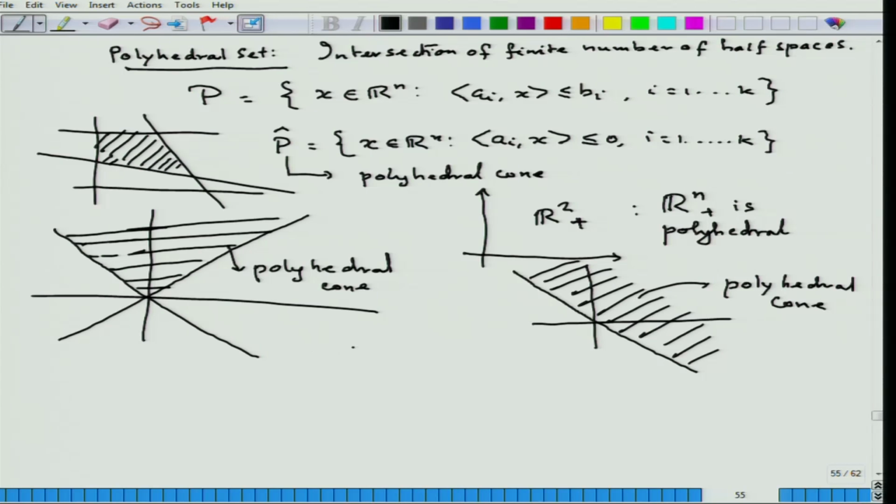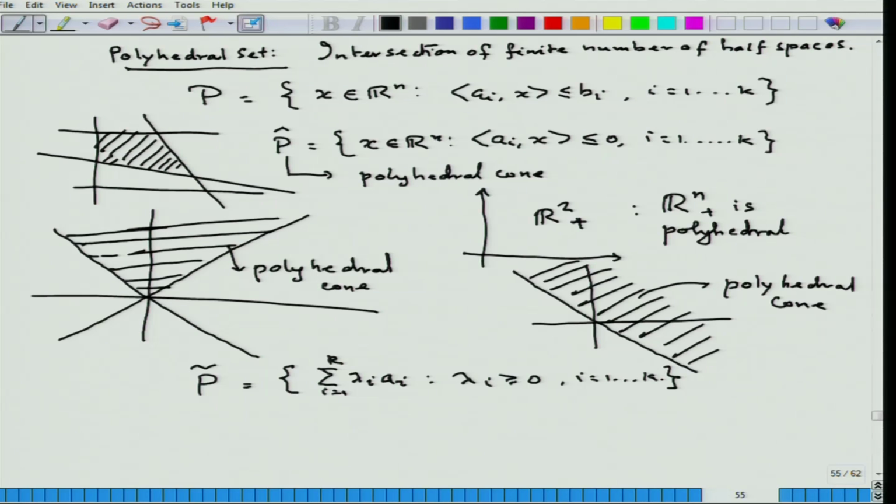Now, what is important is that you should know the following fact: a polyhedral cone can be represented in a nice fashion. There is another definition of a cone, called a finitely generated cone, where you have certain generators, that is, some fixed vectors a_i, i from 1 to k, and create all elements of this form.